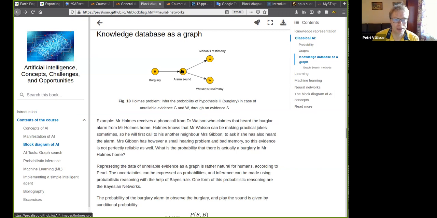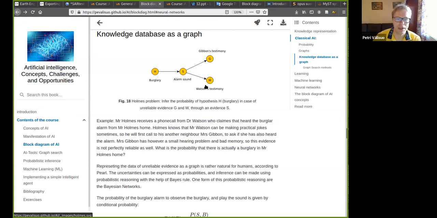And if the alarm sound is on, then at a certain probability, was it Mrs. Gibbons will hear it, and also at a certain probability, Dr. Watson hears it.